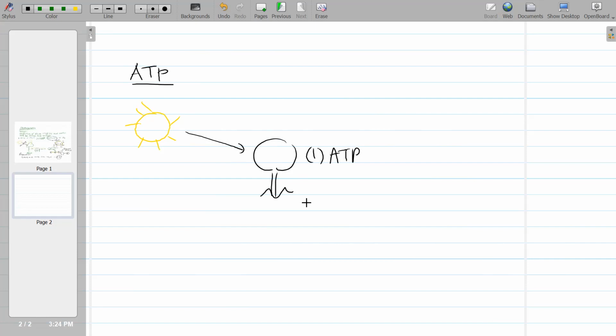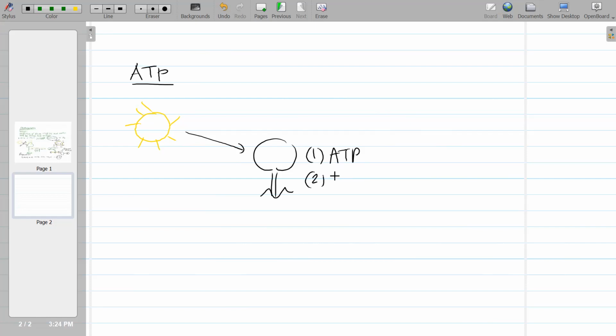And interestingly, ATP is not the only molecule that has energy. It produces another molecule which can be used to get energy.